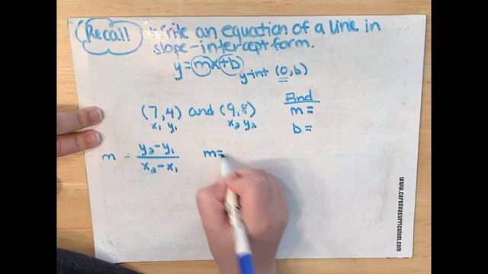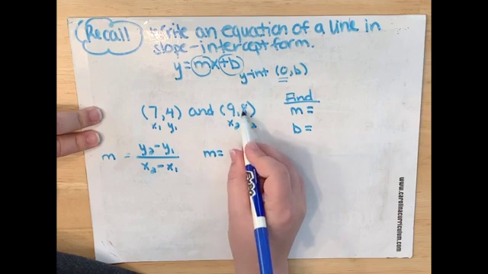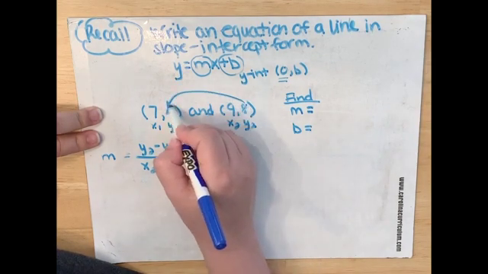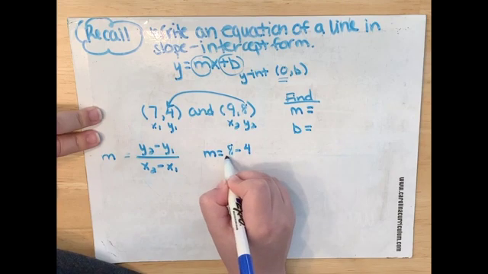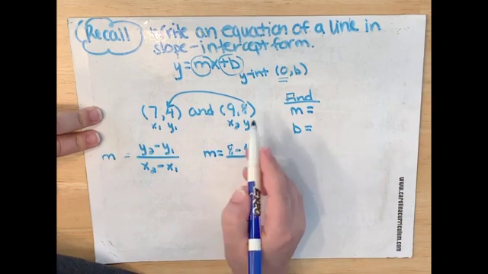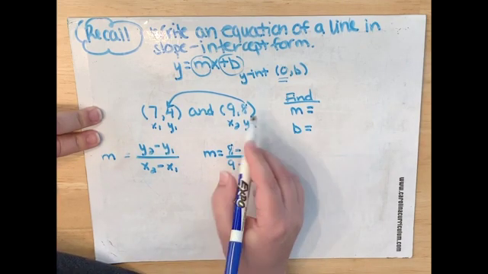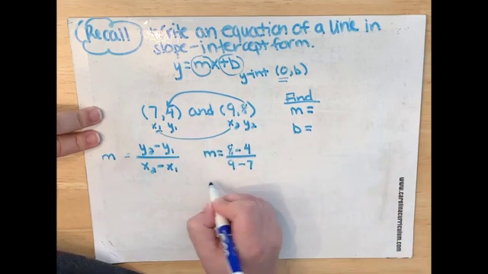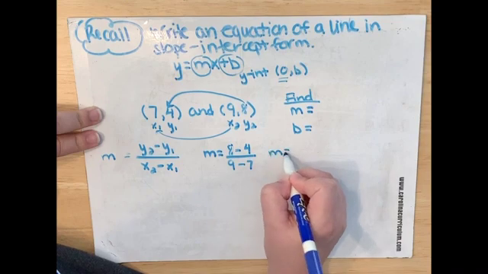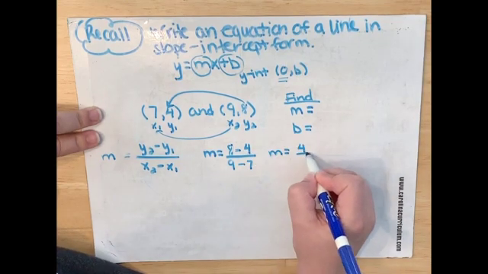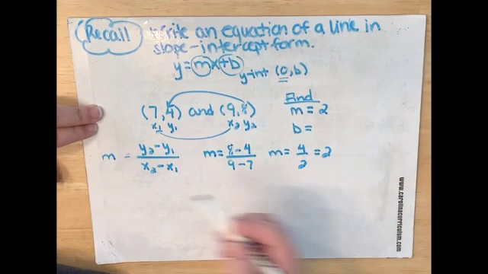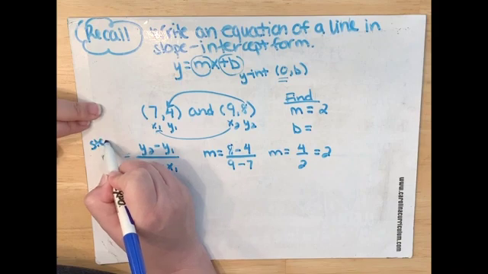So m equals 8 minus 4, y2 minus y1, over x2 minus x1, and I get my slope to be 4 over 2, which reduces to 2. So I know my slope is 2, so I have half of my information. That was my step 1.